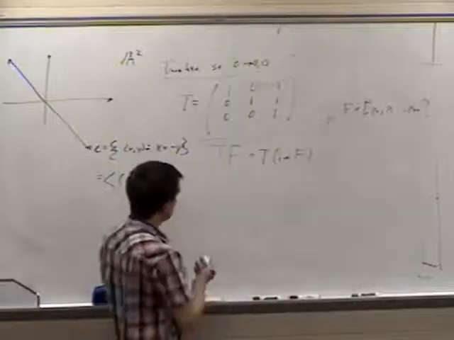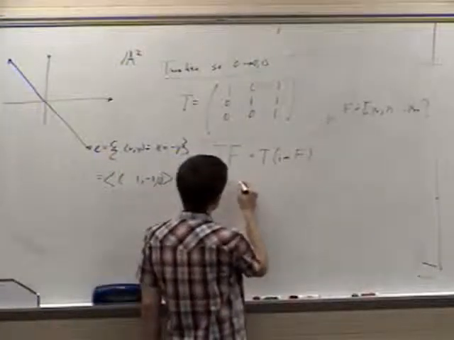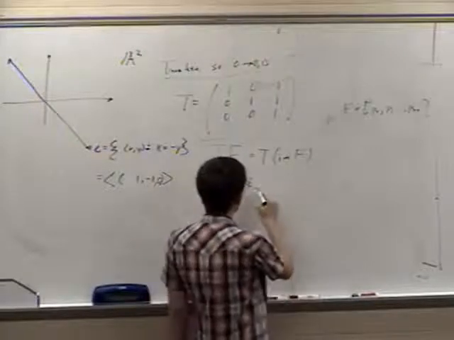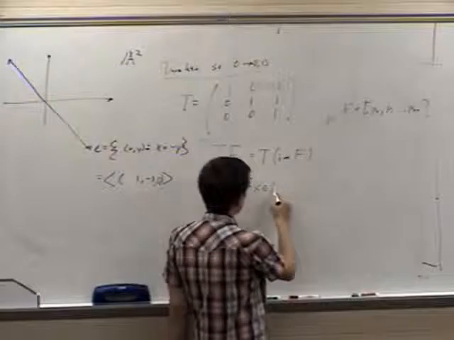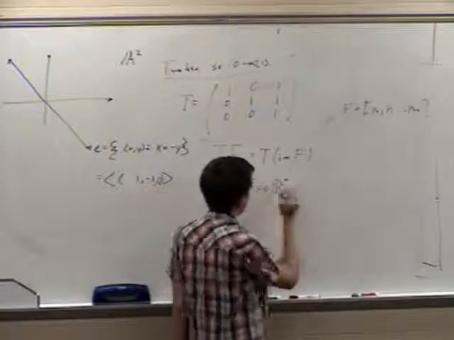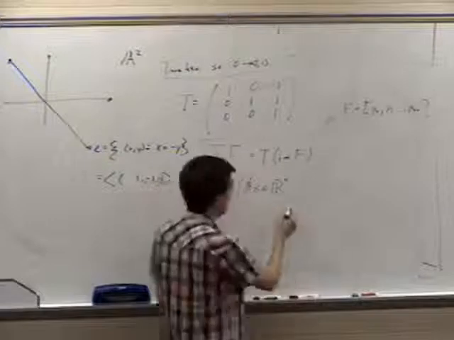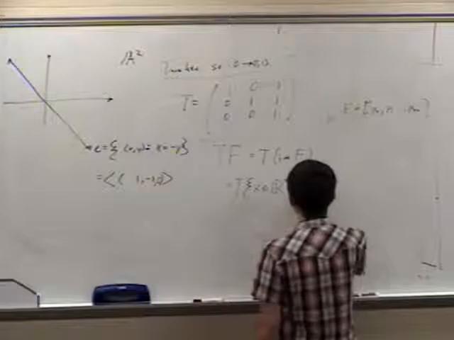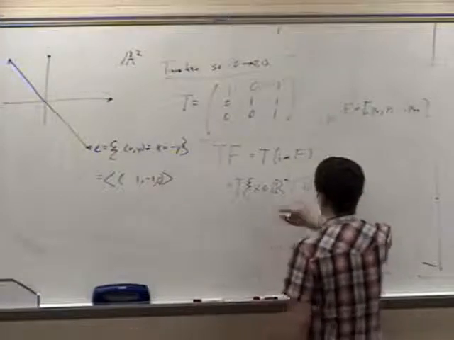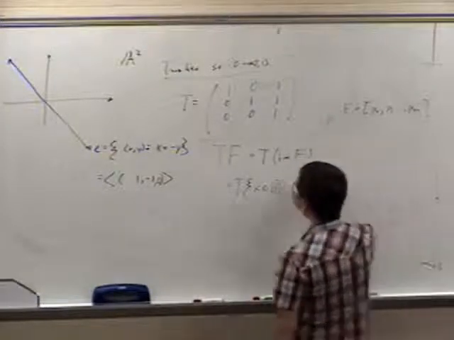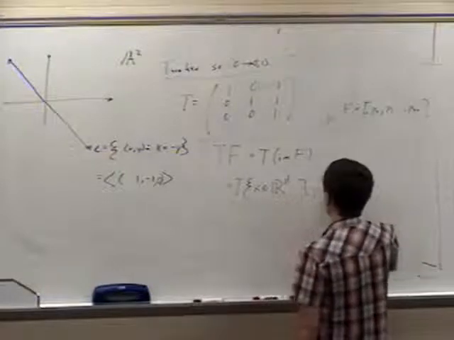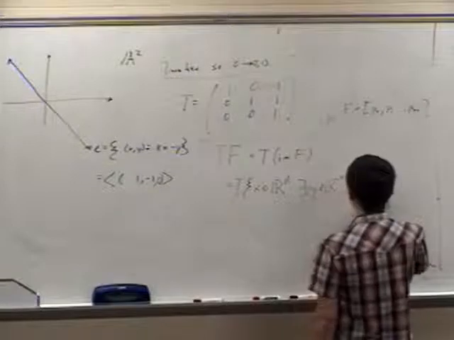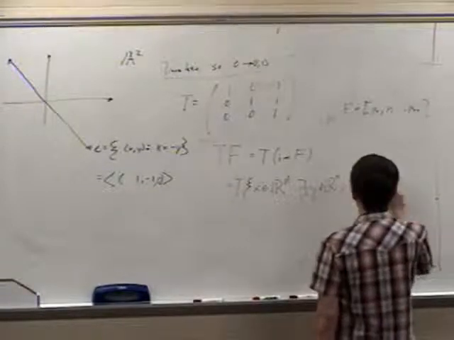If we do this, we're basically taking T times the collection of all vectors x in Rn, because we're working in affine coordinates here, where there exists some y in Rd such that x is equal to f of y.